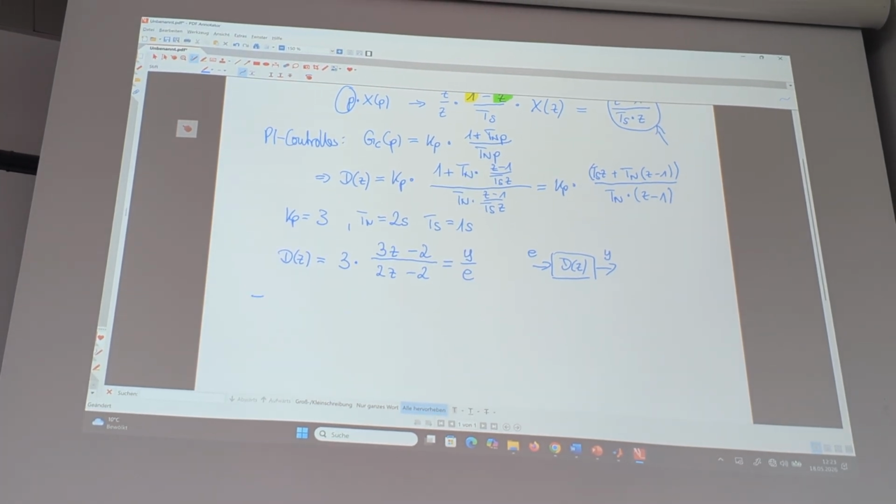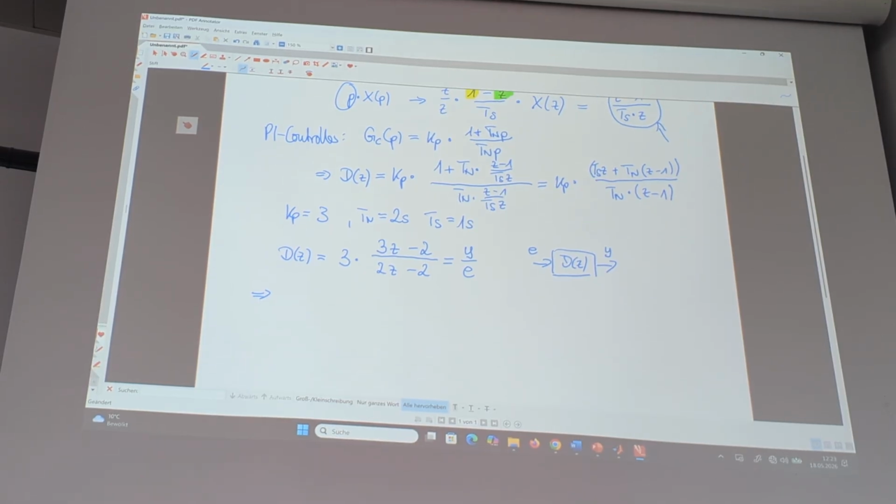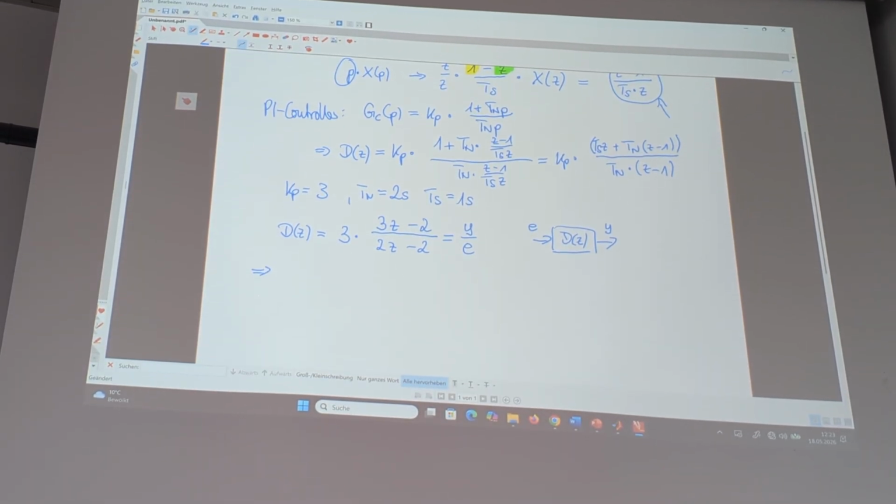And then we can finally get the equation that we need to put into our software. So we have y times 2z minus 2 is equal to 3 times 3, which is 9, z minus 6 times e.